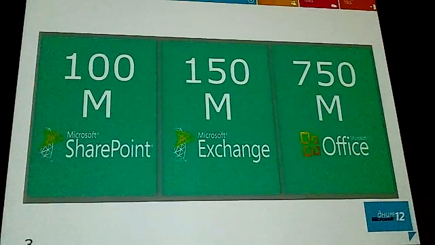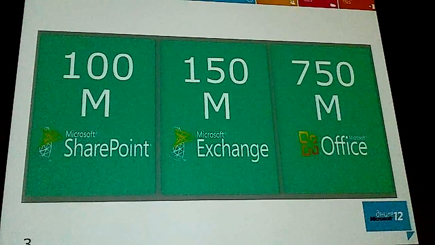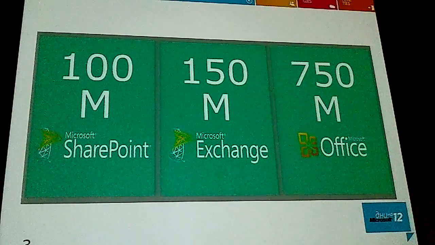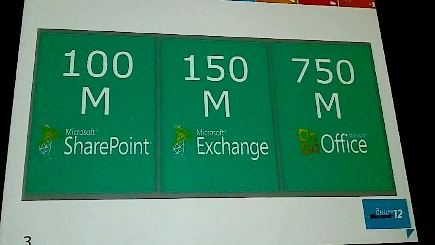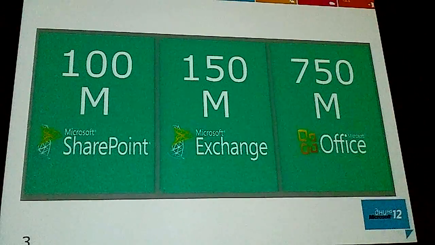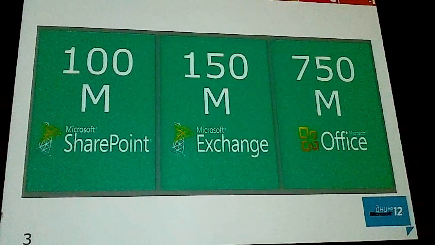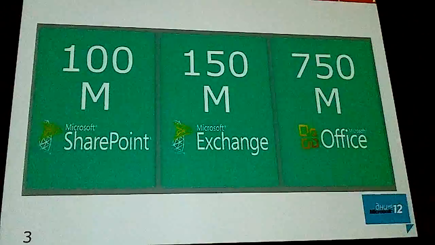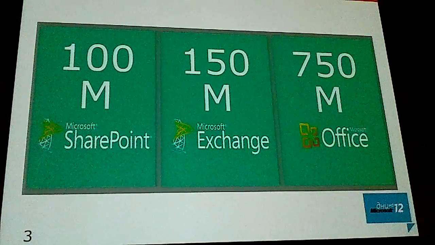When we talk about enterprise features of Windows Phone, we mainly talk about these things that you see on the screen right now: SharePoint integration, Exchange integration, Office integration. Of course, now we have some more features. These are the numbers in millions: 100 million SharePoint users worldwide, 150 million Exchange users, and a lot of even more Office users, of course, as we know.